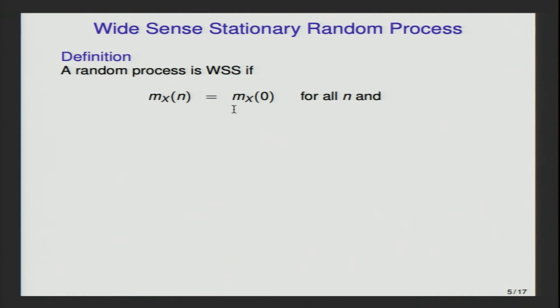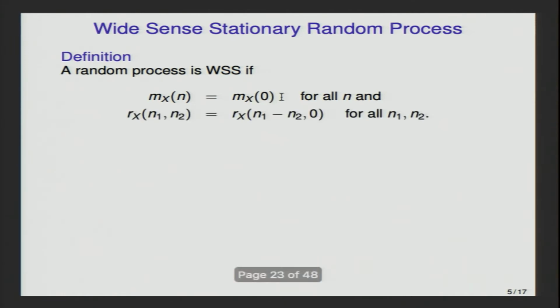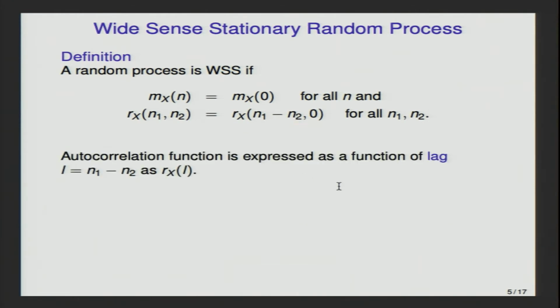The mean, as in the stationary process, remains the same for all n. And the autocorrelation is only a function of the difference between n1 and n2, or only a function of the lag. This is the term we will use more, that lag essentially indicates how far apart two samples of a process are separated.